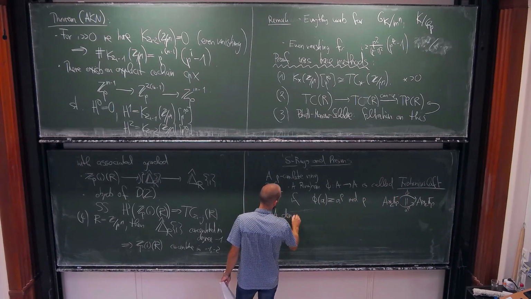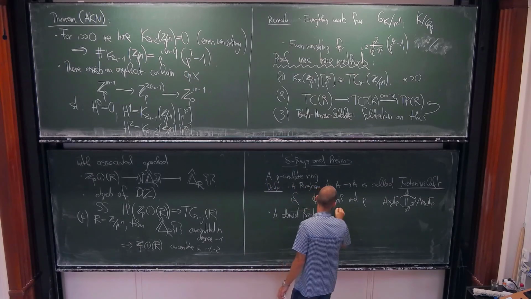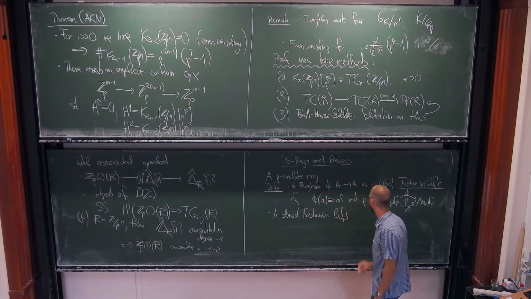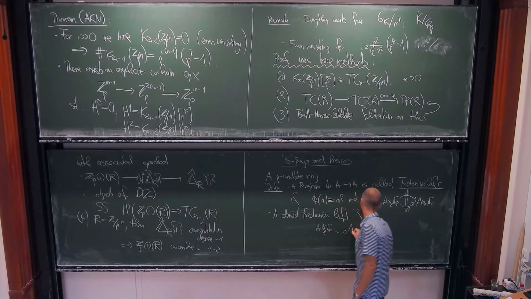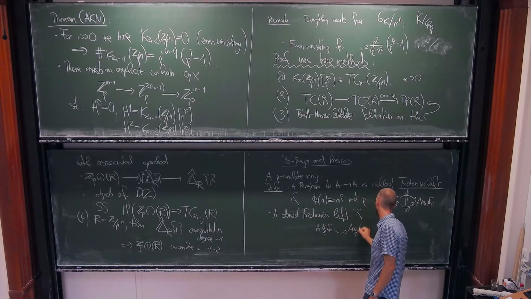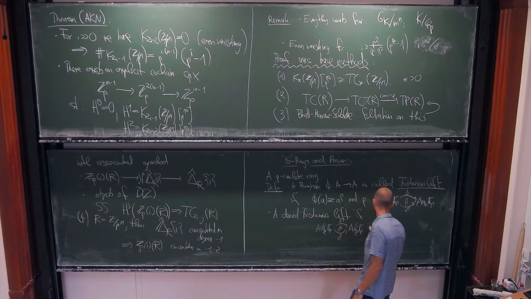So the homomorphism is called a derived Frobenius lift if the two maps from A derived tensor F_p, the maps phi and a to the p, are homotopic.